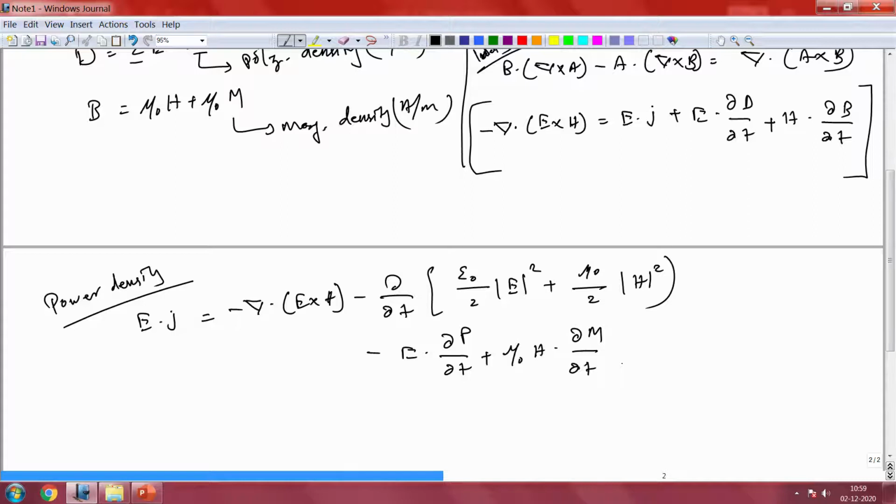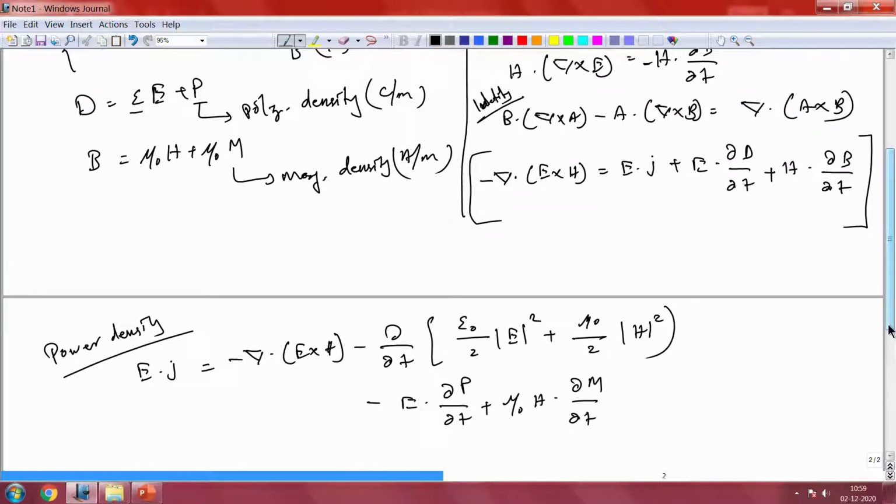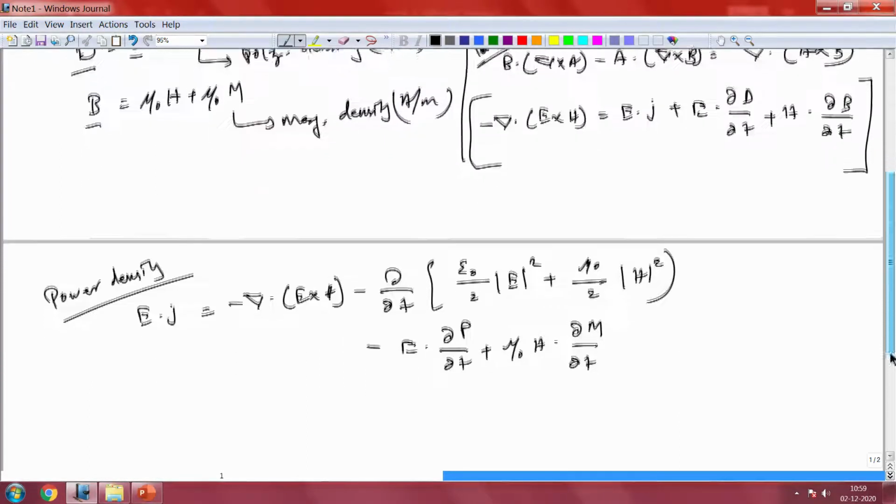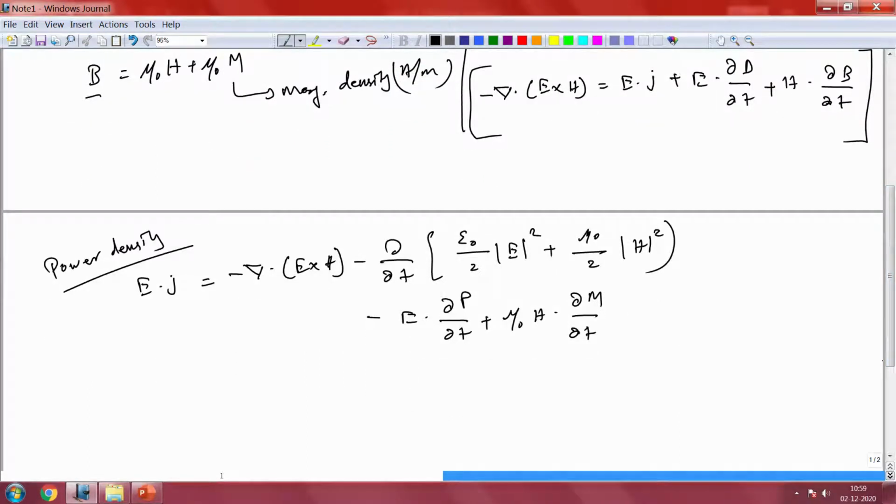So, all we have done here is bring in the expanded form of D and B, right. So, we use our earlier definition of B and D here, and you can expand it this way. And now this tells us what the energy should be, right. So, what should be the energy or the power density of this. So, this is basically power density or energy density if you would like, all right.